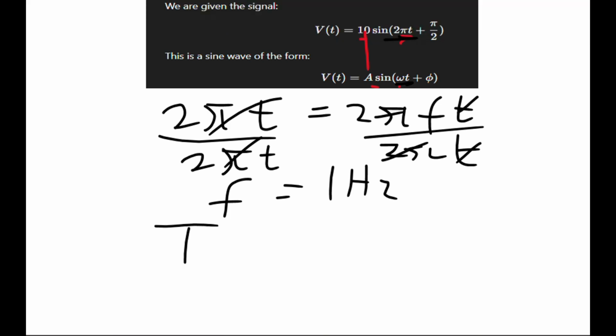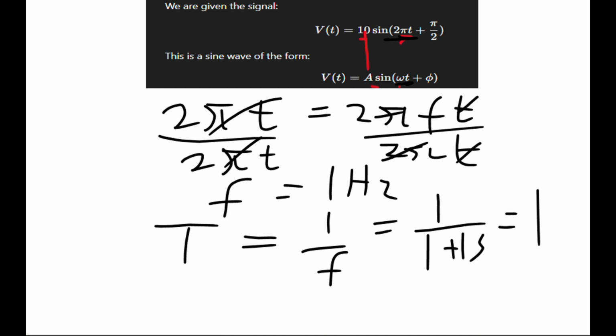We have T is equal to 1 over f, where f is our frequency. And we know that our frequency is 1 hertz, right? So our period is supposed to be in seconds. So finally we have 1 second as our period. So this implies that our T is equal to 1 second.